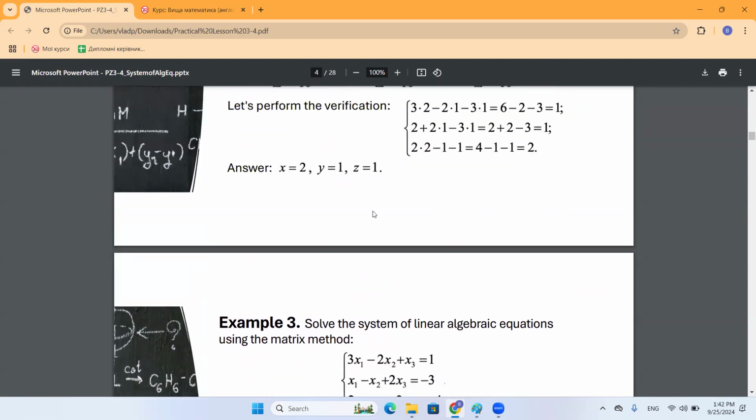What do you remember about using the matrix method? Who wants to answer? Raise your hand. So using the matrix method, how do we use it?